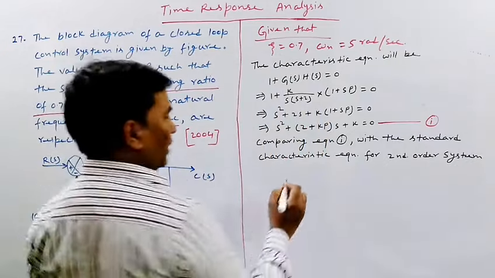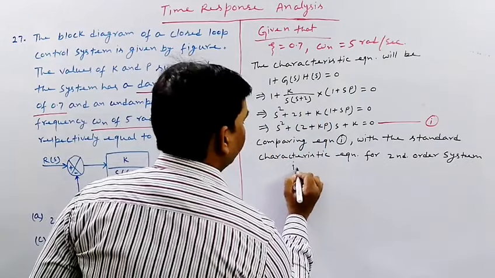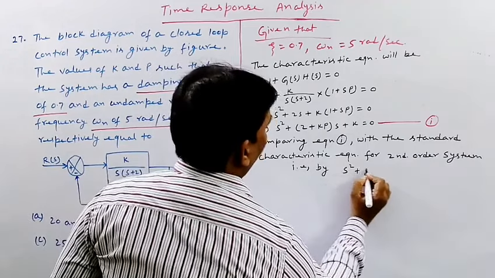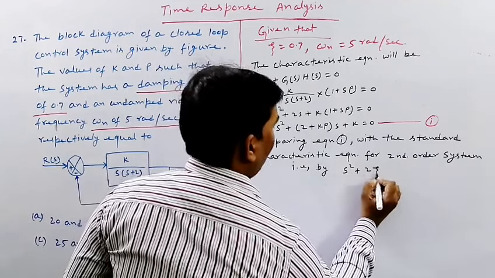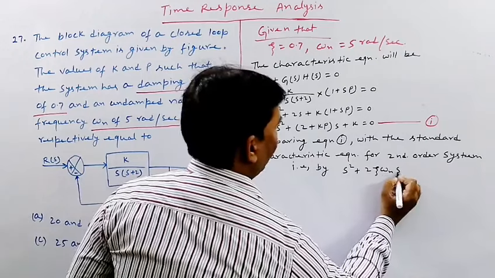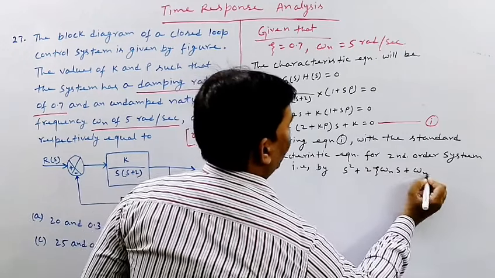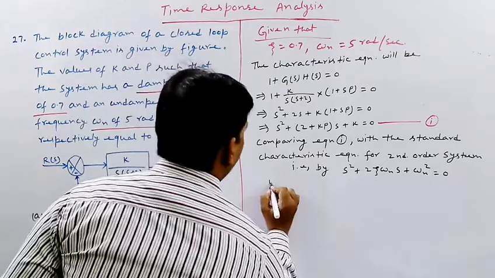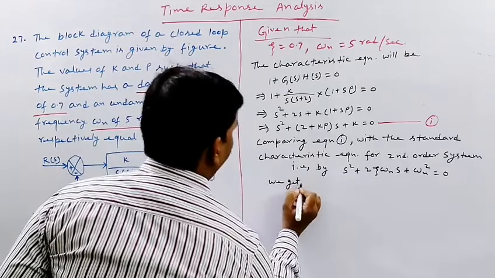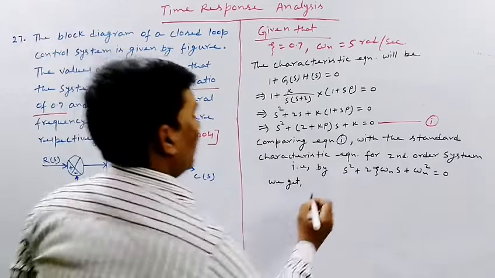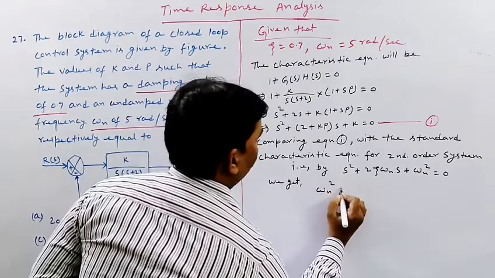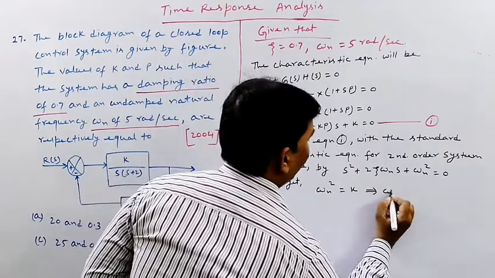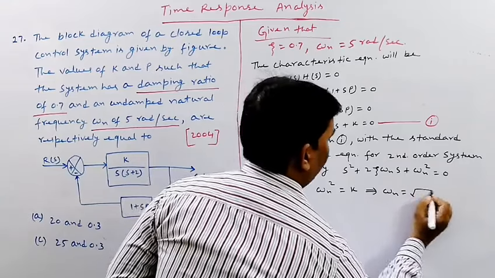That characteristic equation is s square plus 2 zeta omega n s plus omega n square equal to 0. What do we get? We get omega n square equal to K. This will give omega n equal to under root K.